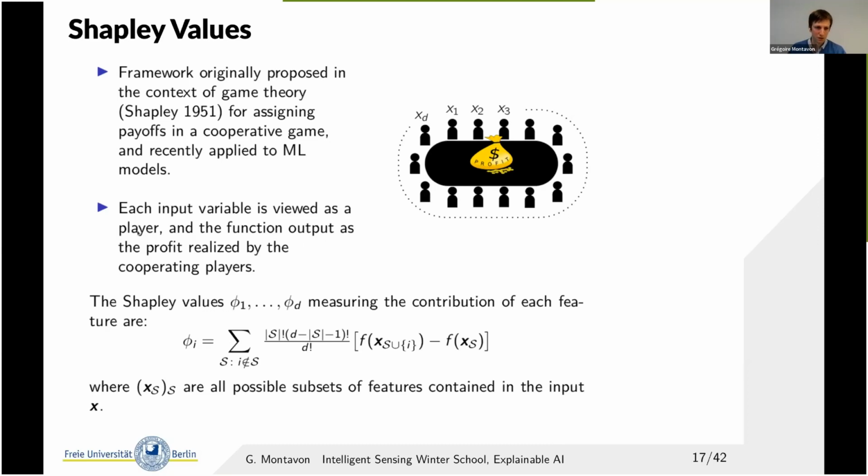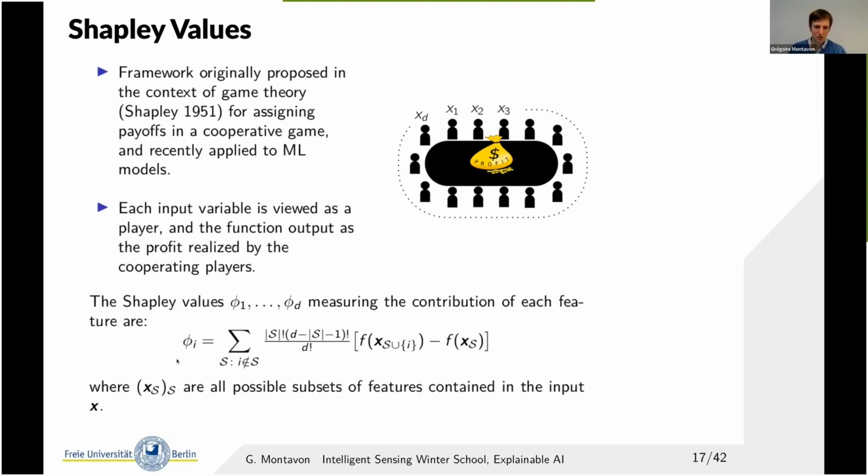So what Shapley proposed is that they should imagine all the possible scenarios where they have been involved or not in the game and try to see how much profit they would have got in each scenario.